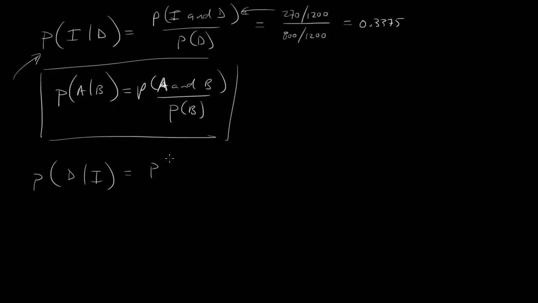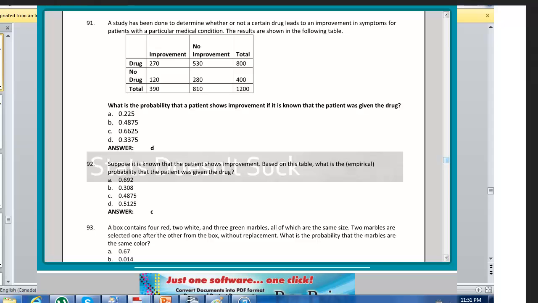So really this is just the same thing. It's drug and improved, but now it's over improved. Now drug and improved is the same as improved and drug. If you look at the table, you end up in the same spot no matter what. So 270 out of 1200.